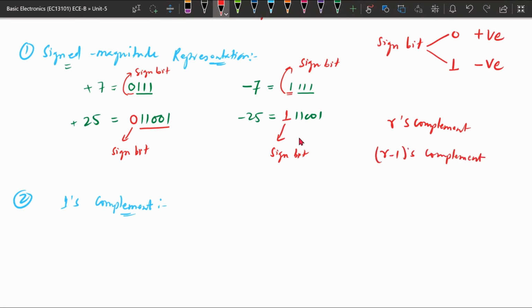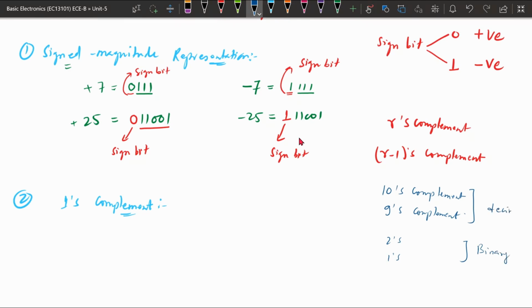This complement representation is applicable to any number system, whether binary, decimal, hexadecimal or octal. In the decimal case, r's complement is written as 10's complement, and r minus 1 is called 9's complement. Similarly, in binary it is represented by 2's complement or 1's complement.